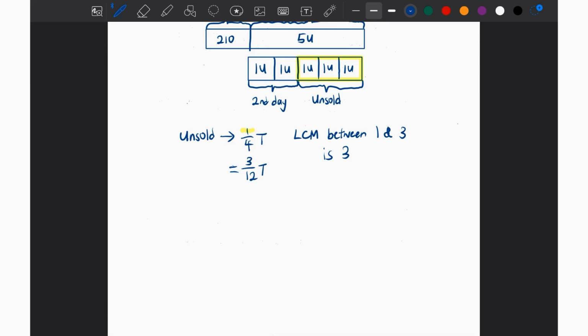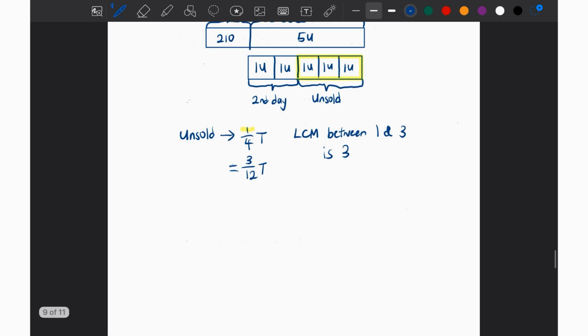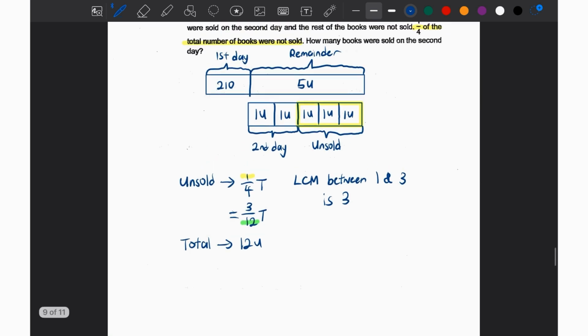So this means that 3 out of the 12 parts of the total is unsold. So this means that my total essentially is my denominator, which is this 12. So my total is 12 units. Okay, and since my total is 12 units, I know my remainder is 5 units.